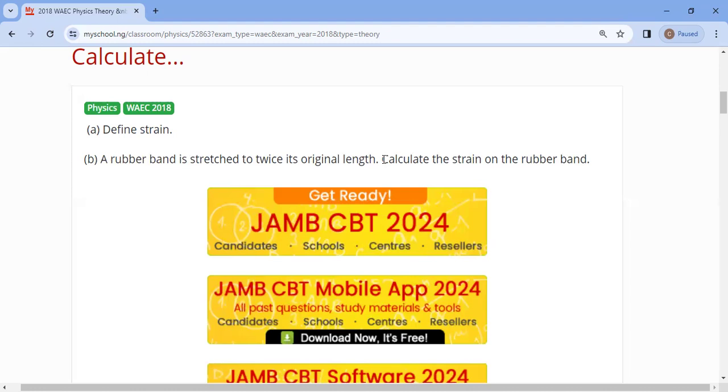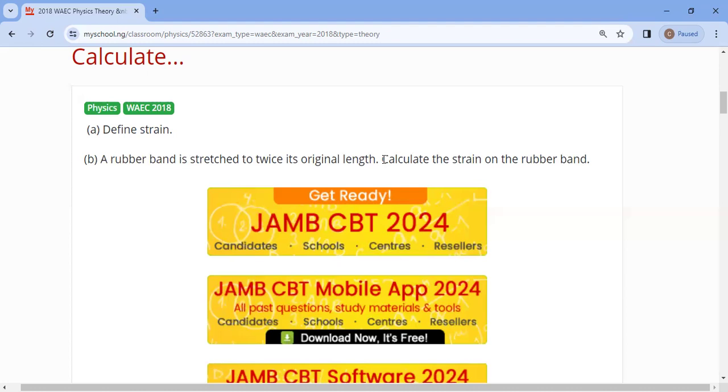In this case, the formula is extension e over original length. The extension is the new length minus the original length, so it is the new length minus the old length, over the old length. It's as simple as that.